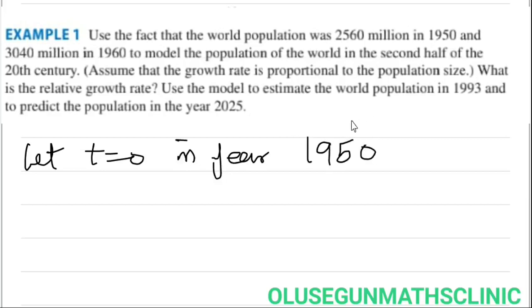So if t is 0 in the year 1950, we are given a population in time t. Let's assume the population at 0, that is the initial population, is 2,560 million, which is due to the fact that the world population was this in 1950.